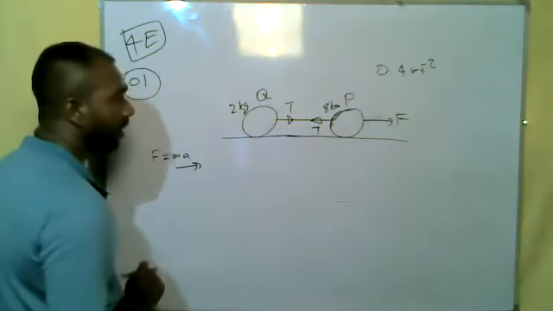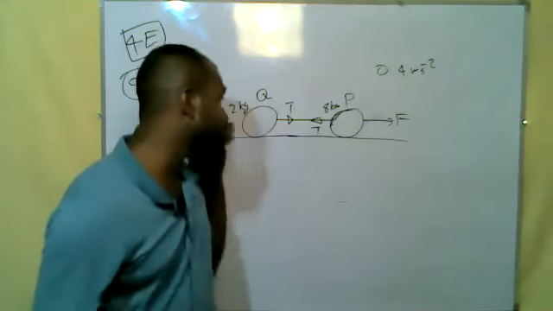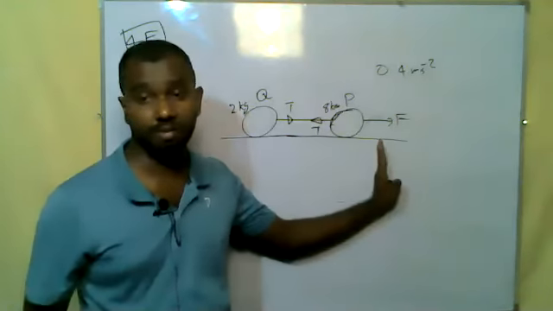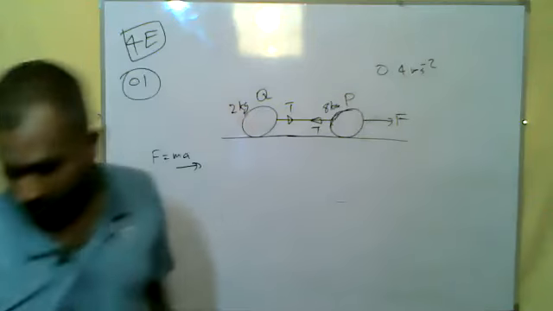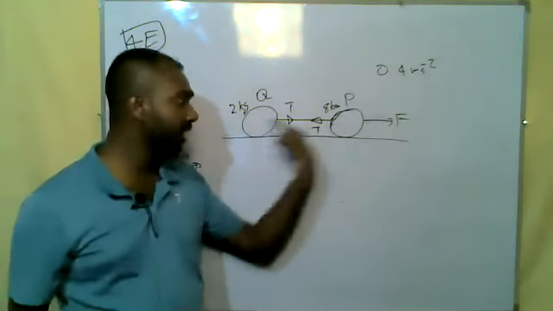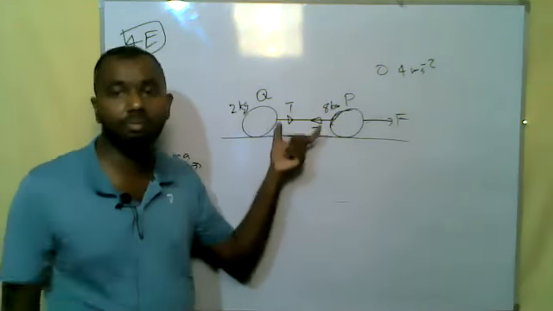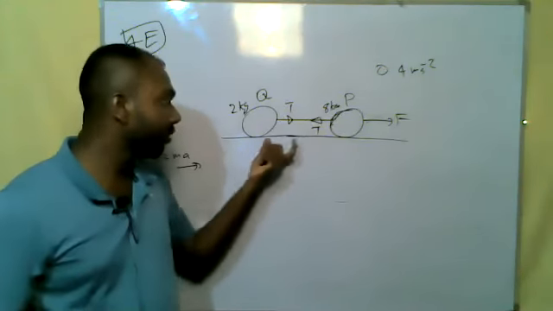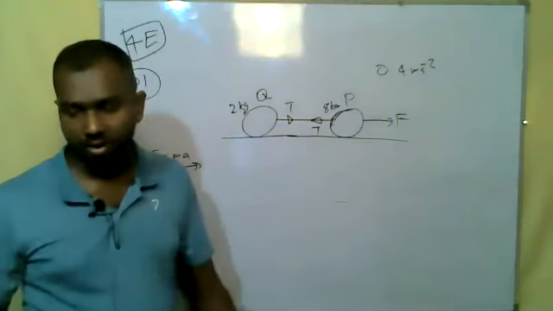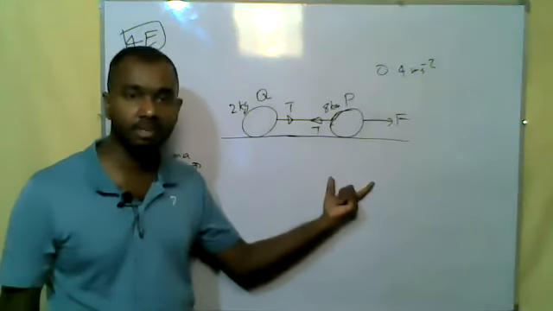They say that the force F is opposite to the side of Q. If it was in this direction, this thing is not going to be taut. So this might be the first time that you are drawing this kind of diagram, so you get familiarized with these terms.